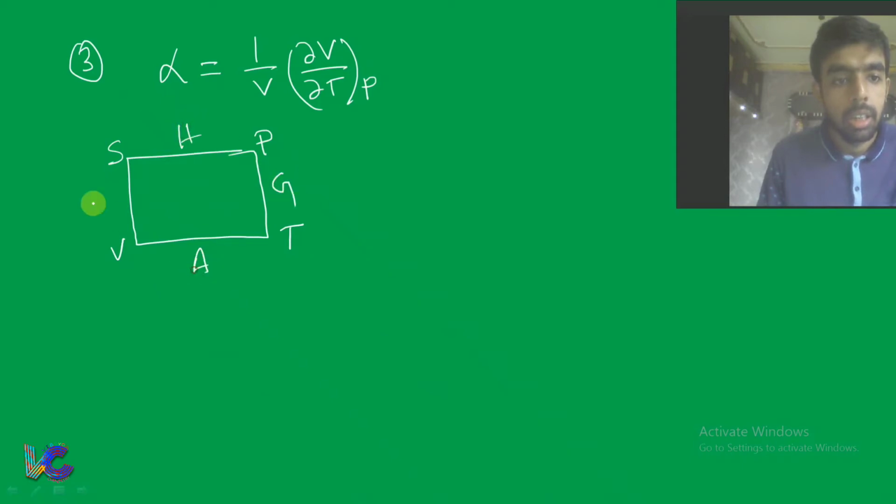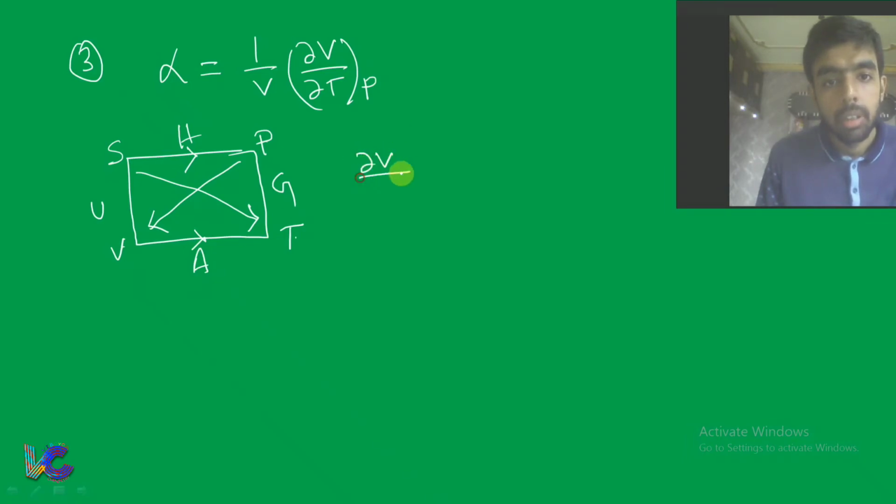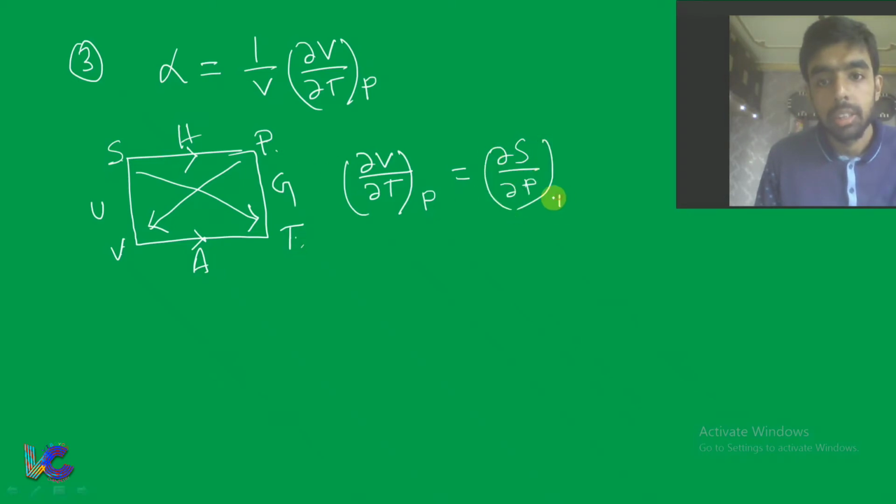Arrow is from S to T and arrow is from P to V. Now in alpha, you have the partial derivative del V del T at constant P. So if you give an arrow from V to T, then you have to give an arrow from S to P. So from here you can write that del V del T at constant P is equal to del S del P at constant T. Now you have to check the sign also.